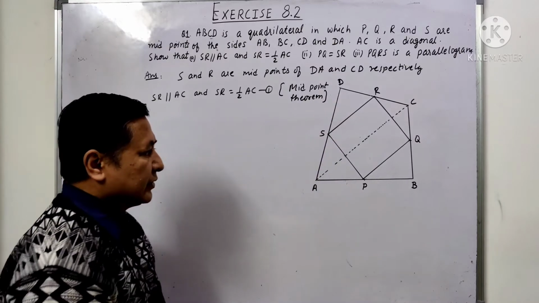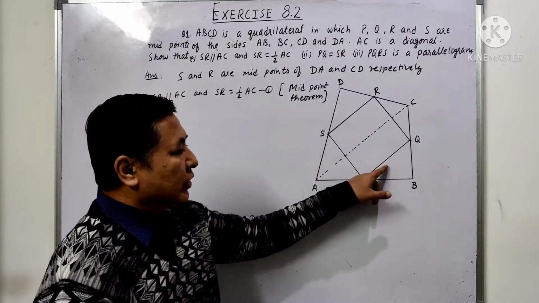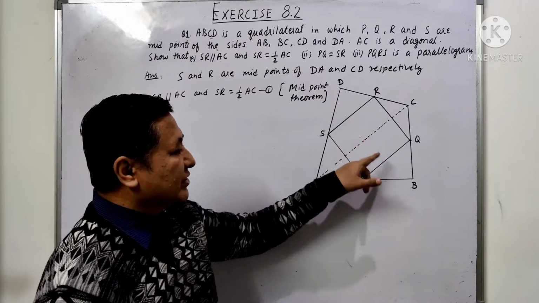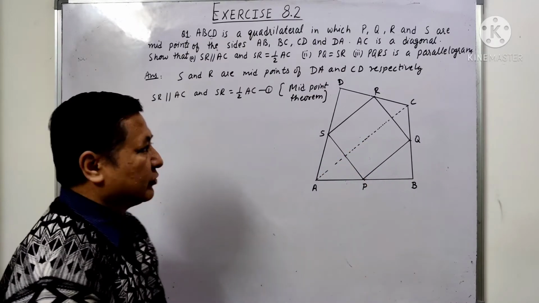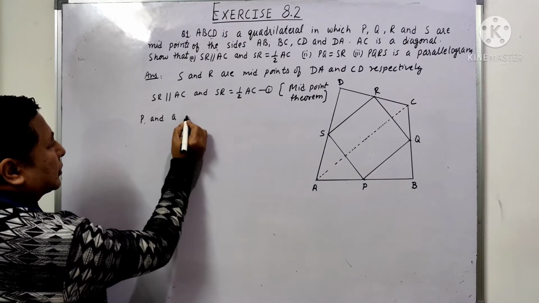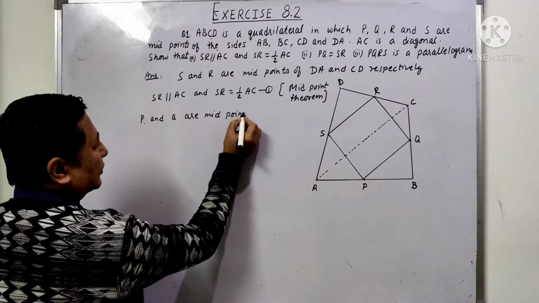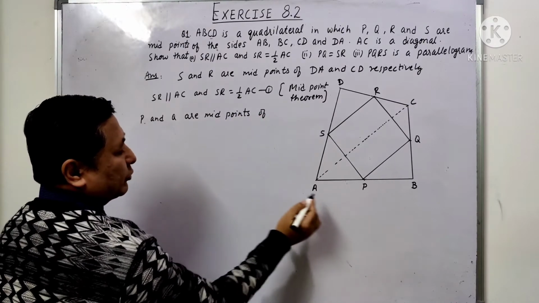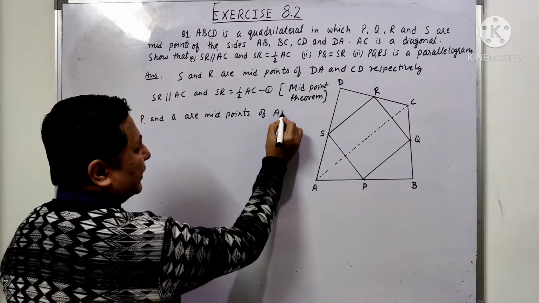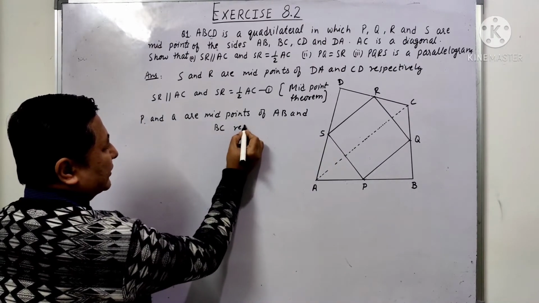Now similarly, P and Q are also midpoints. So P and Q are midpoints of AB and BC respectively.